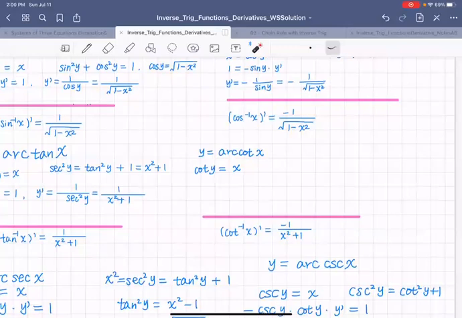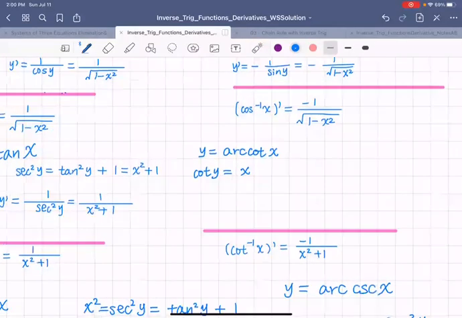Take the derivative of both sides, so it's negative cosecant squared y times y prime equal to 1. And then y prime equals negative 1 over cosecant squared y.